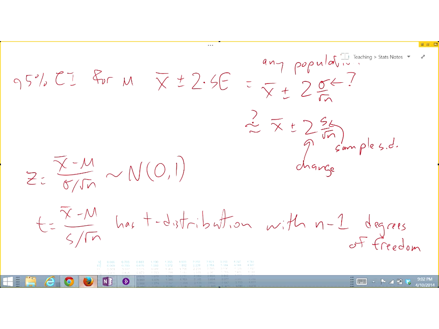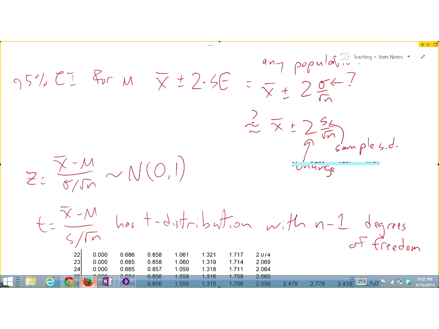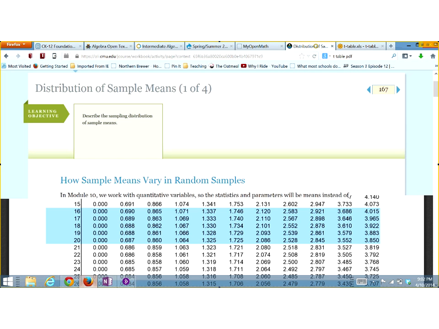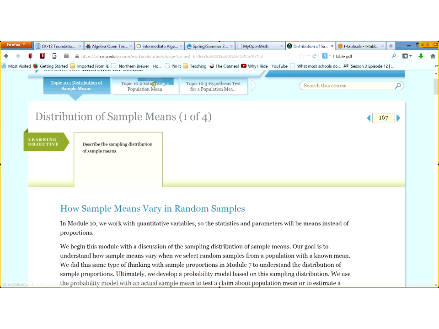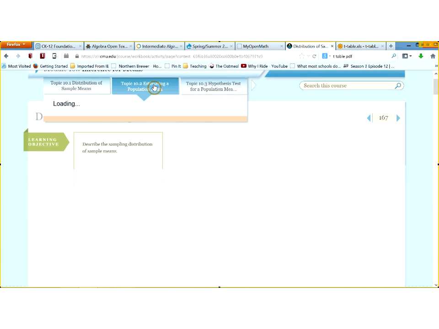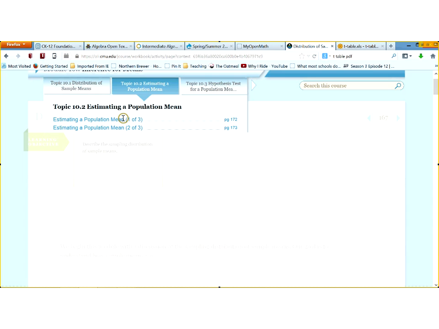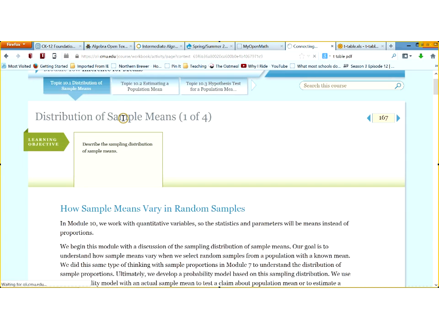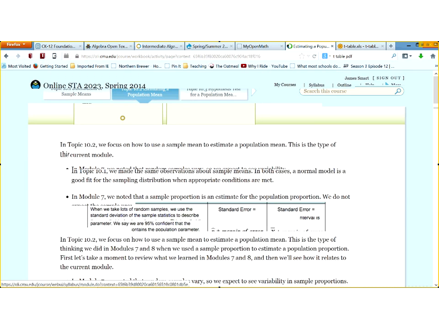So let's go back to the OLI notes. And really that's more or less what you need to know for topic 10.1. So let's pick an example in 10.2. Okay.